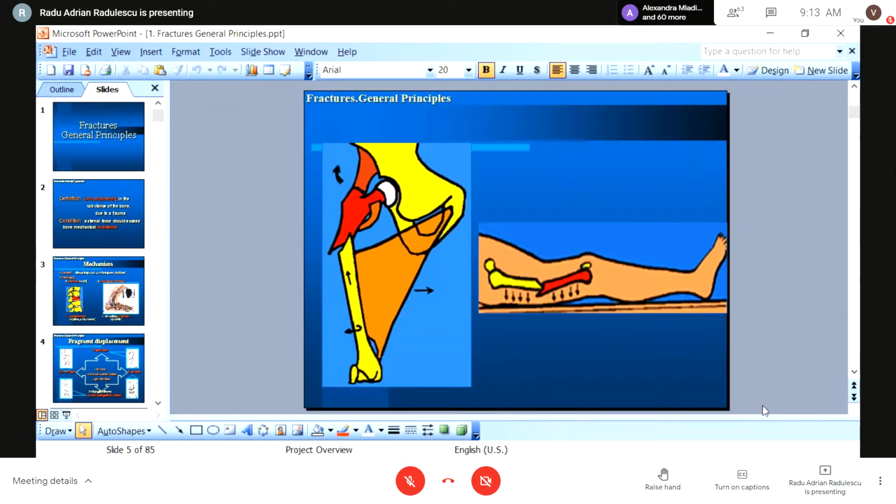Here are also some drawings. You can see here how the muscle insertions at the level of the bone ends will determine the displacement of the fracture. Like I said, the main reasons of displacement are the muscles and the gravity, depending on the position of the limb.